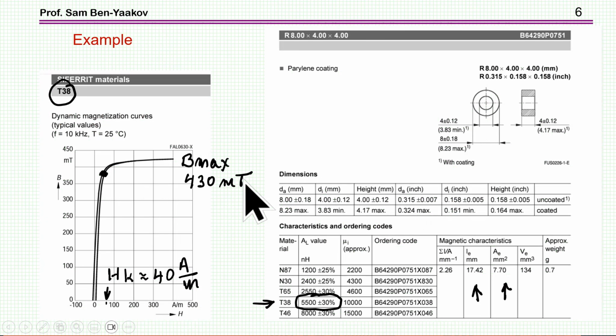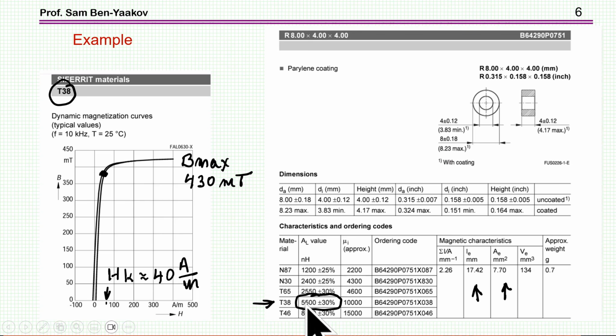Now we're coming to an example, and I've taken a toroid, which is of these dimensions, and I've chosen this particular ferromagnetic material, which has a mu i of 10,000, that is the initial permeability, this slope here, and it has an AL of 5,500 nanohenry per turn squared, or 5.5 microhenry.